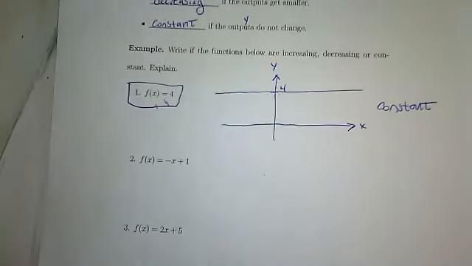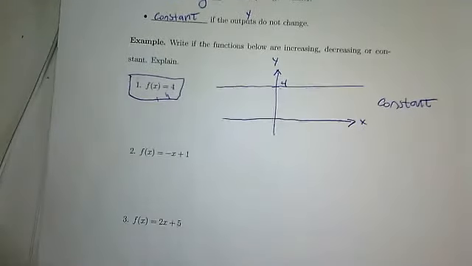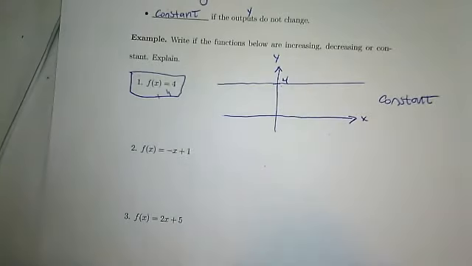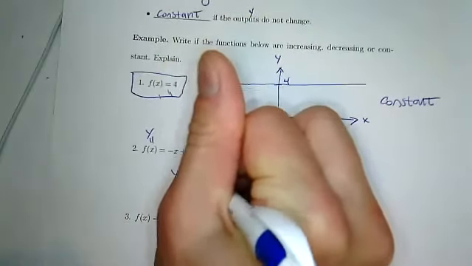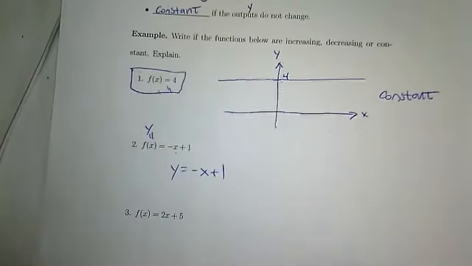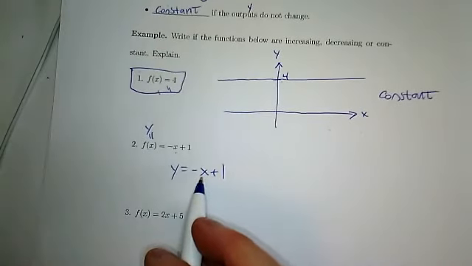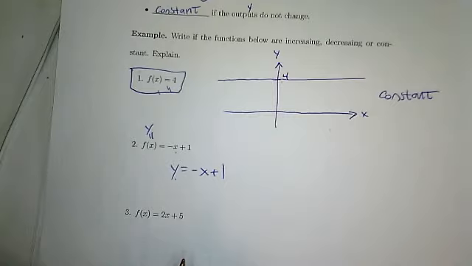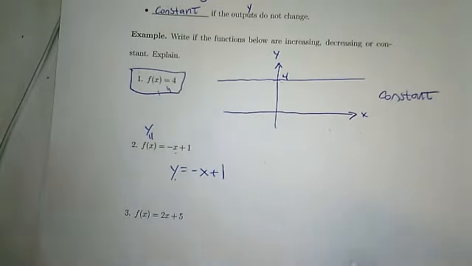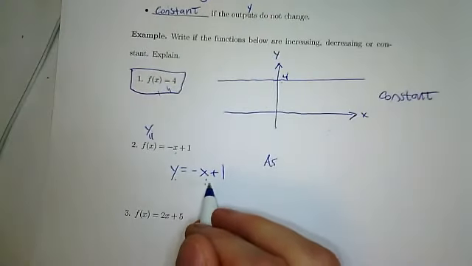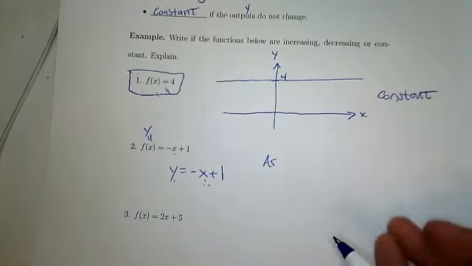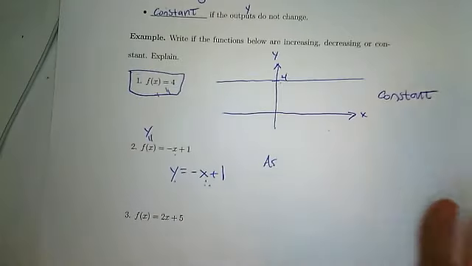And then these two, we can probably guess based on what I was talking about a minute ago. This one is a line, and as x increases, what's going to happen to y? You can think of it as y equals minus x plus 1. So as my x values increase, what's going to happen to the y values? It's going to decrease. Exactly. You could graph this function as well to see exactly what it looks like, but I just wanted to show you a different way of analyzing the situation.